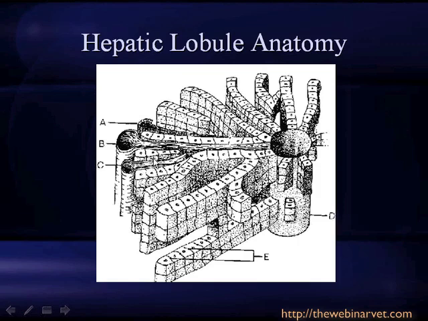The structure of the hepatocytes, as I say, is in these columns and sheets, but the function of the hepatocytes varies in different areas along the hepatic lobule. And as their function varies, we'll find that their enzyme components will change, and also their susceptibility to different kinds of disease process will vary somewhat.